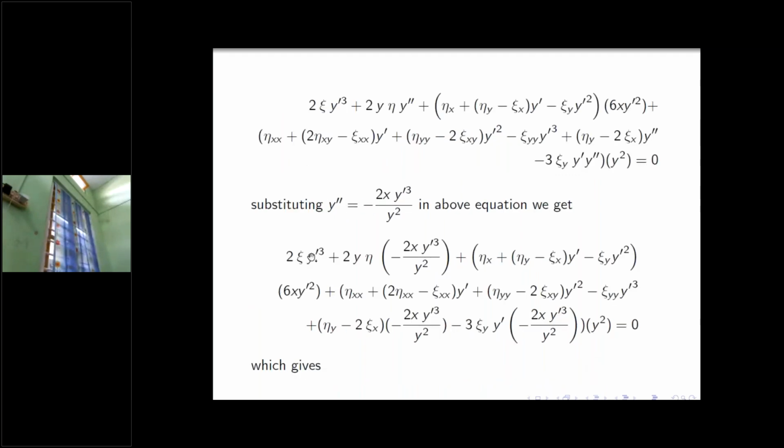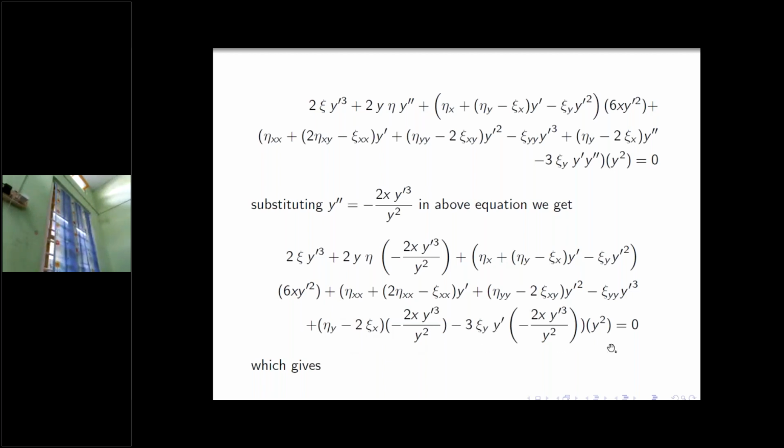On further solving, we get 2 xi y dash cube plus 2y eta y double dash plus eta x, eta y minus xi x y dash minus xi y dash square into 6y dash y square, and all these terms, this equation. Now next, we have to substitute y double dash is equal to minus 2x y dash cube upon y square in the above equation, and we do this calculation.